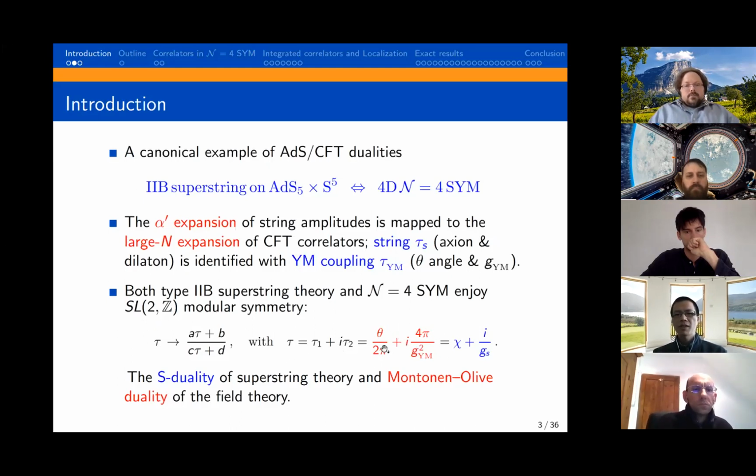In field theory, this is the theta angle plus i divided by g Yang-Mills squared, while in string theory, this is the expectation value of the axion, and this is related to the expectation value of the dilaton. Sometimes I will also use tau 1, which refers to the angle, and tau 2, which is related to the one over coupling squared. This duality is sometimes called S-duality, and in field theory it's called the Montonen-Olive duality.